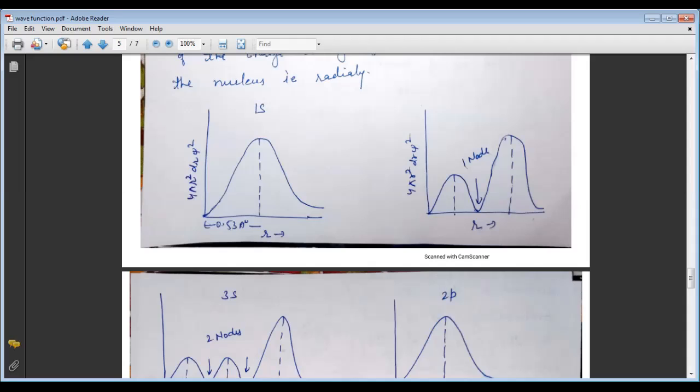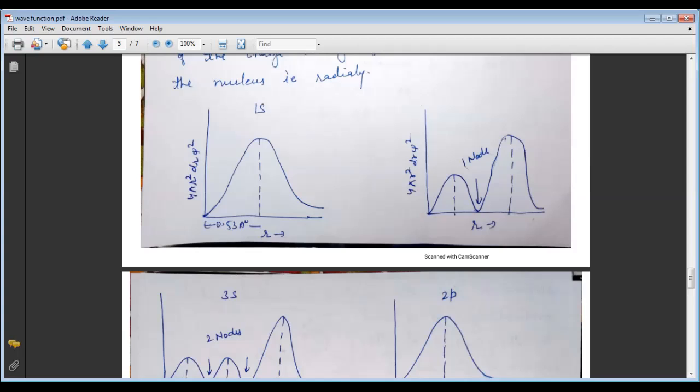As the distance r from the nucleus increases, ψ² goes on decreasing, whereas the volume 4π r² dr goes on increasing. In the beginning, the decrease in ψ² is not so large compared to the increase in volume, so the radial probability goes on increasing and reaches a maximum at a distance of 0.529 angstrom, then begins to decrease and finally becomes negligible at a large distance.